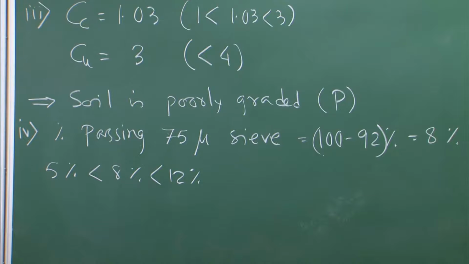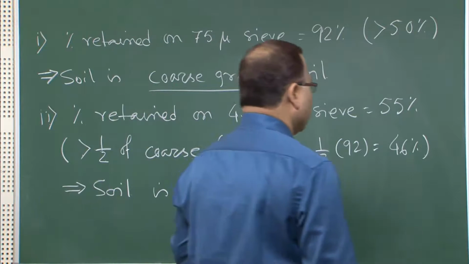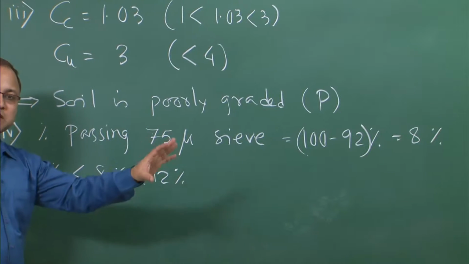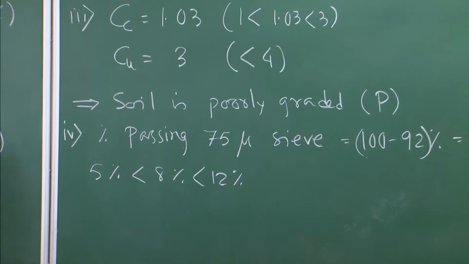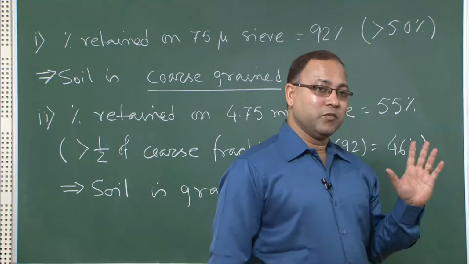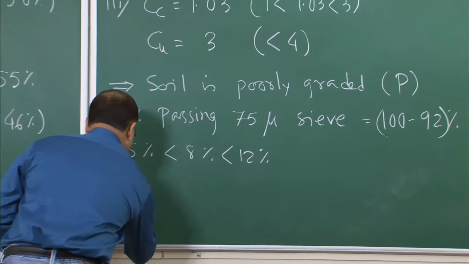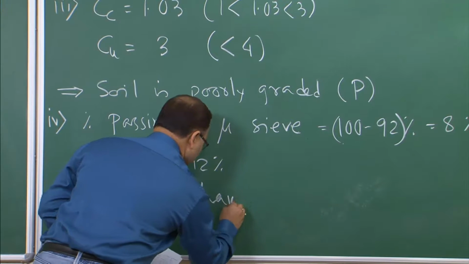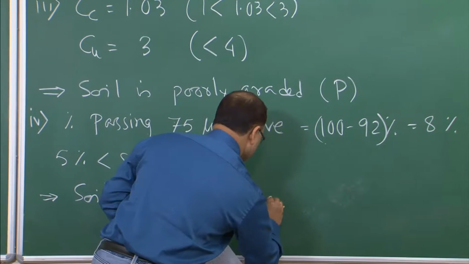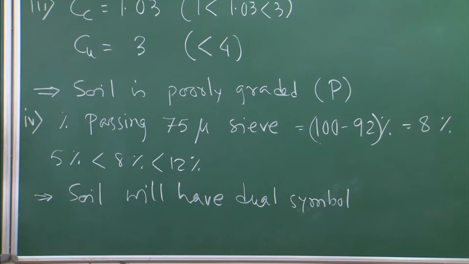If the fine content is less than 5%, that will be classified as completely coarse grained soil, whereas if it is greater than 12%, that will be classified as something else. But if it is in between 5% and 12%, then you will get a dual symbol, right. If you recall from the lecture, you will get a dual symbol. So, the soil will have a dual symbol because your percentage passing, that is the fine content, is between 5% and 12%.